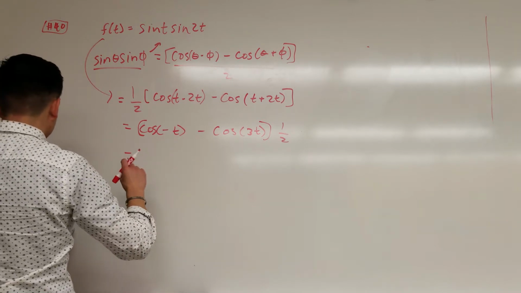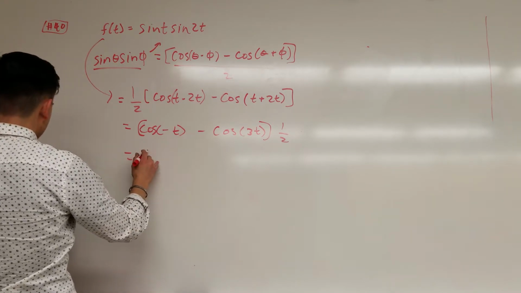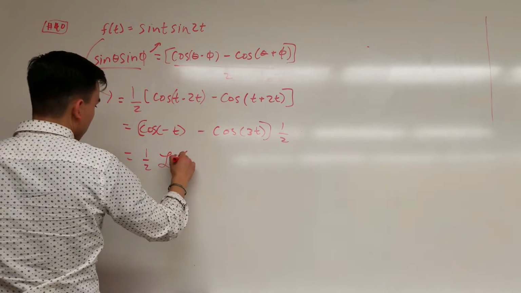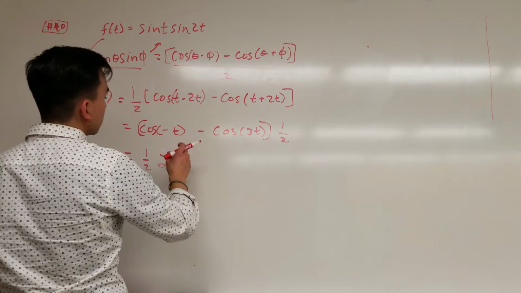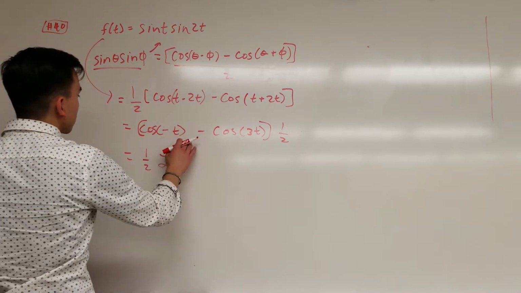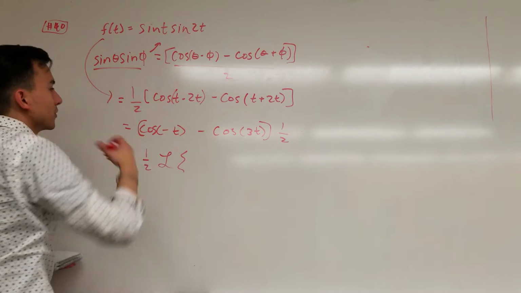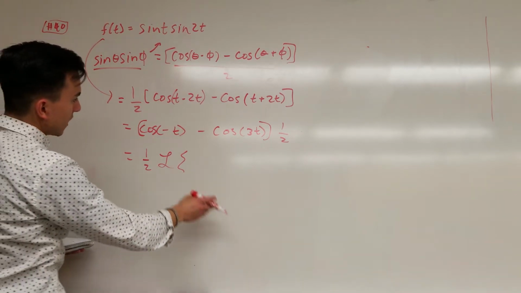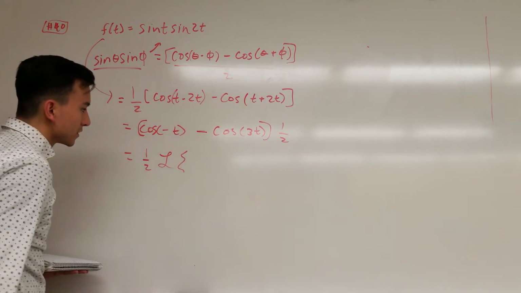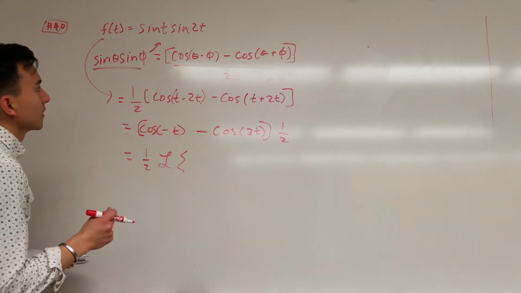Then we could go and Laplace our function now, now that we've made it a little easier to see, because you couldn't Laplace this as it's multiplication. So you'd have to make it into subtraction or addition, and that's key.